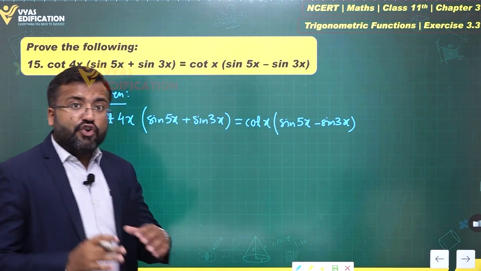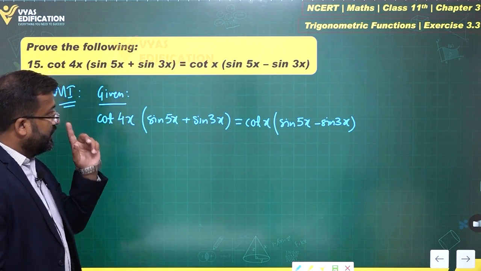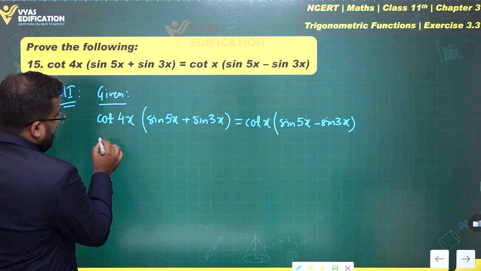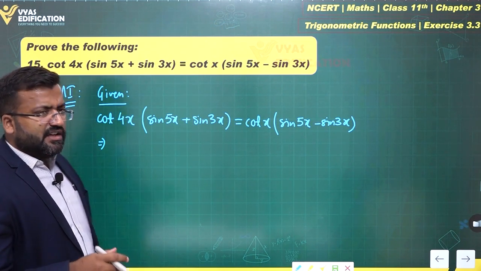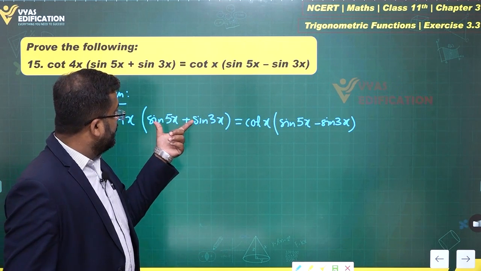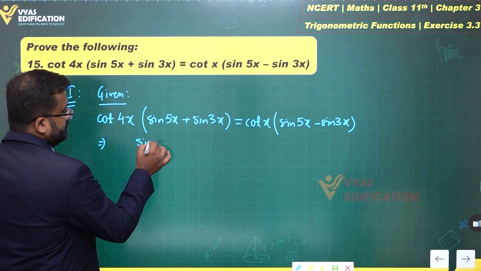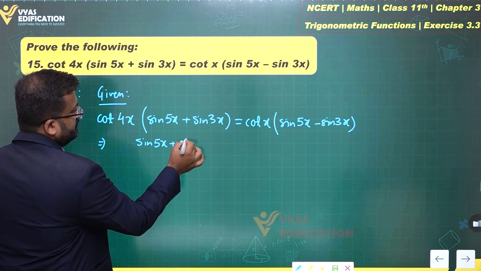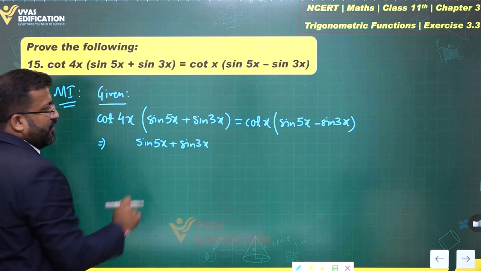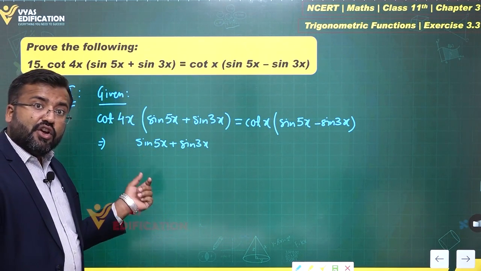I want to remodel this. How do you want to remodel this? What I want to do is bring the complicated terms together and the non-complicated terms together. What I'll do is divide by the sine 5x plus sine 3x term over here. Let this remain over here and divide by that bracket on both sides.